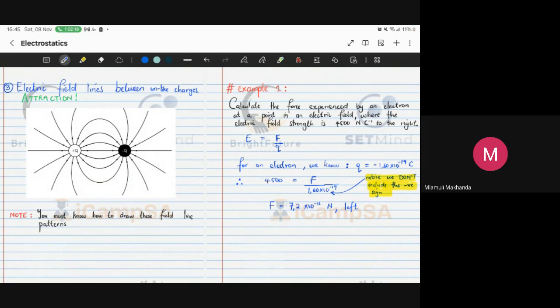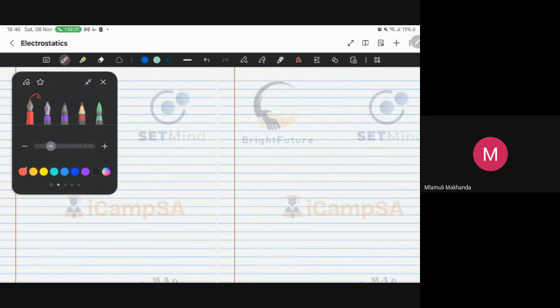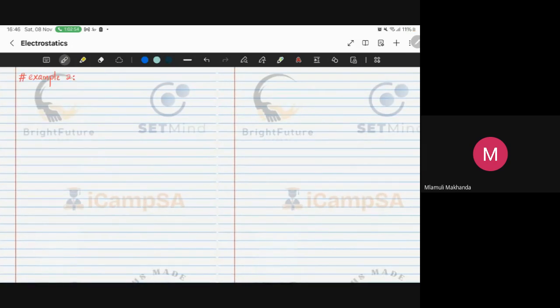Right. And then let us try another example. Let's say we are asked to find the field strength at a point in an electric field where a charged particle of maybe 4 nanocoulombs, or say, I don't know, 4.2.